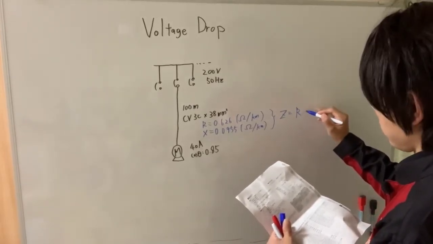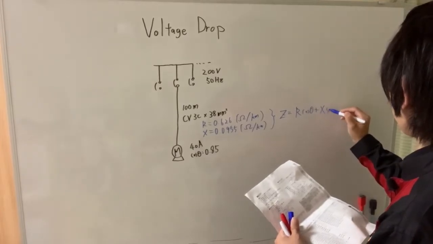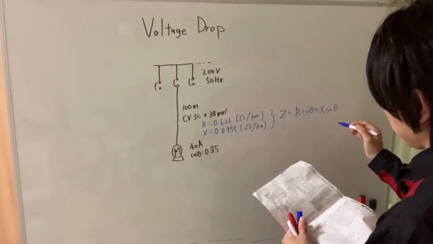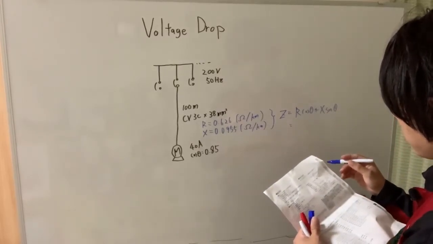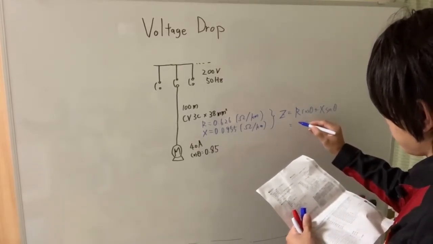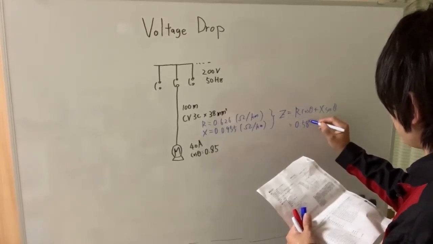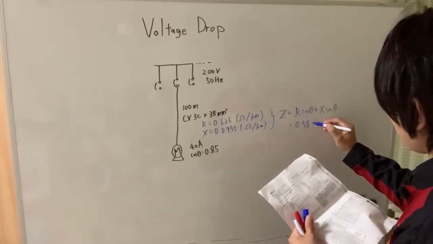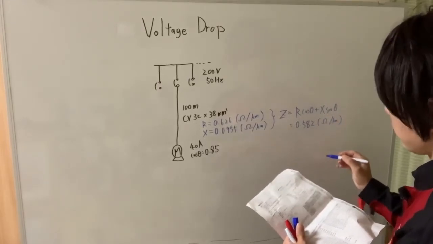It is, of course, R cosine theta plus X sine theta. Just calculate, 0.582 ohm per kilometer.